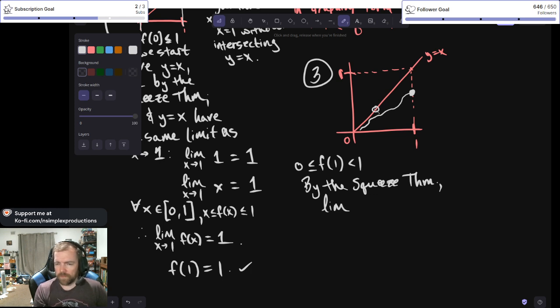The limit as x goes to 0 of x equals 0, which equals the limit as x goes to 0 of y equals 0.